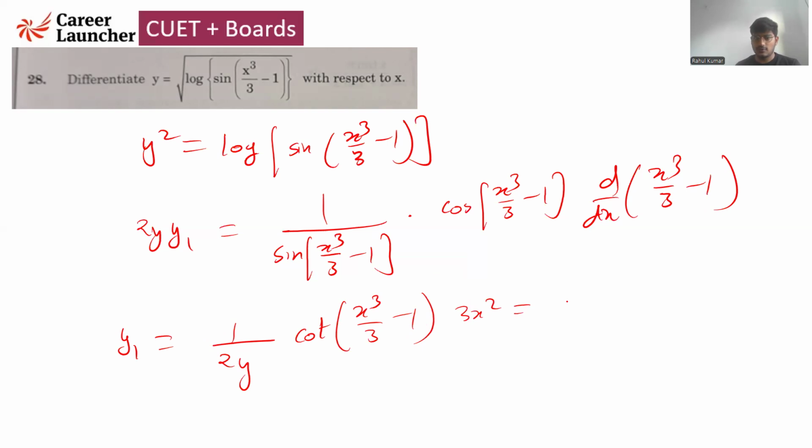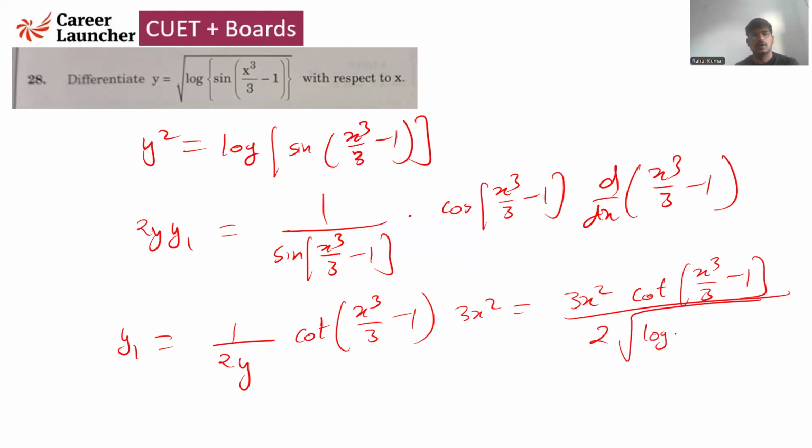So your final outcome will be 3x squared cot x cubed by 3 minus 1 divided by 2 times square root of logarithm sine of x cubed by 3 minus 1. So if you use this technique, then your answer is quite easy. Otherwise, it will become a lengthy part.